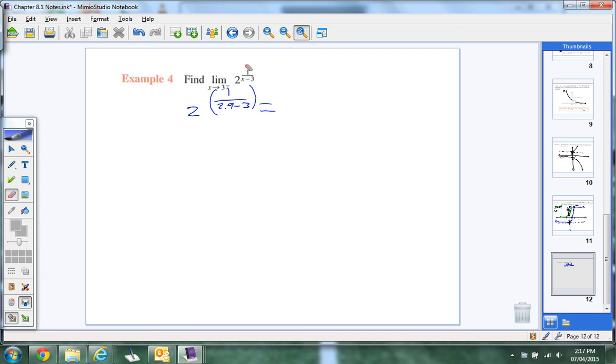It's 2 to the 1 over x minus 3, and we're trying 2 to the 1 over 2.9 minus 3. You've got to put brackets on the bottom too. So what is that? 0.9e negative 4? It's something like this.